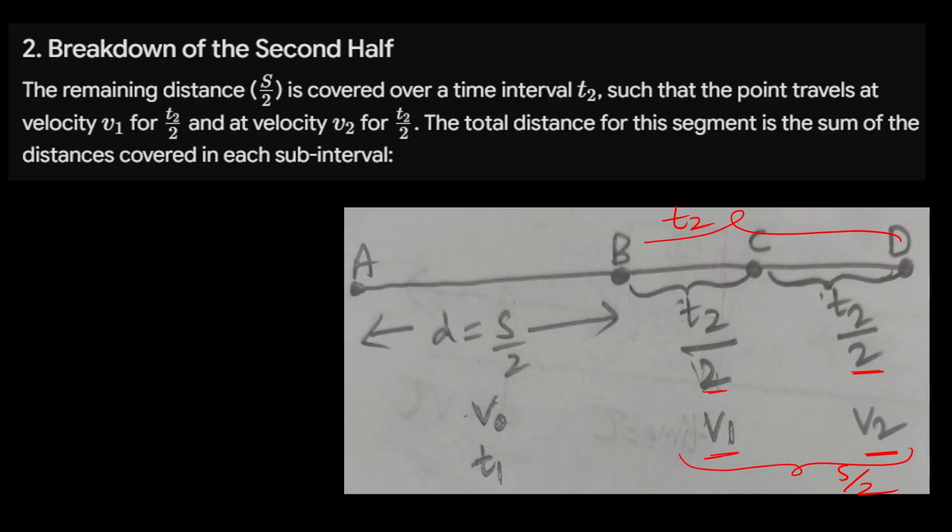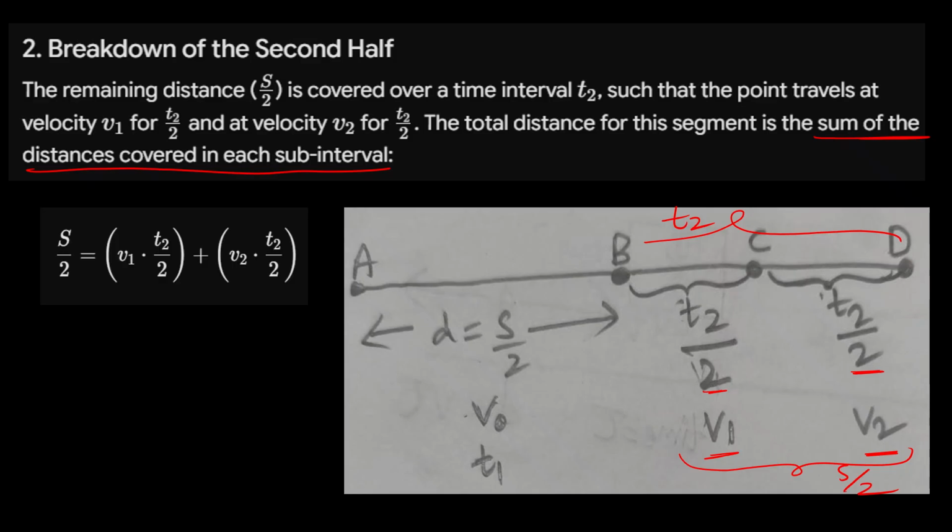Because distance is velocity multiplied by time, the total distance for this segment is the sum of the distances covered in each subinterval. So, we can write s over 2 equals, in brackets, v1 times t2 over 2, plus, in brackets, v2 times t2 over 2.